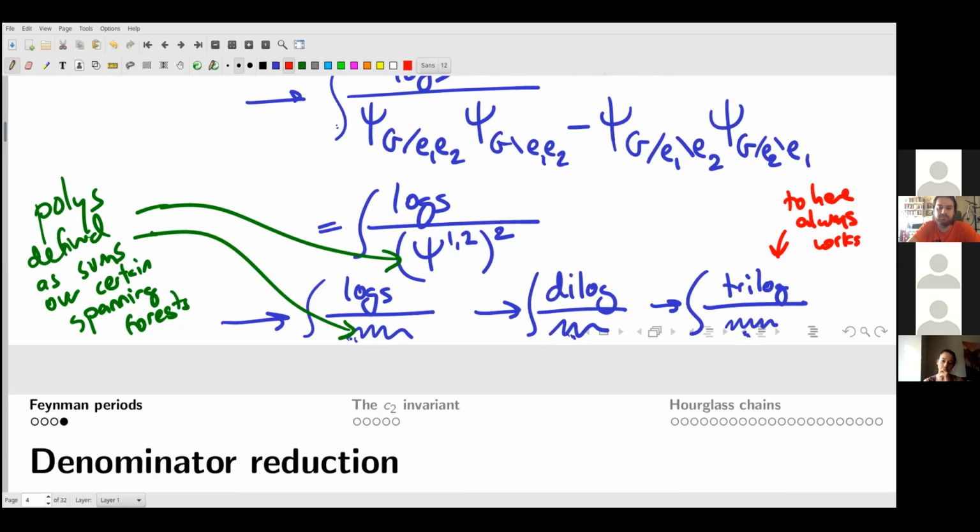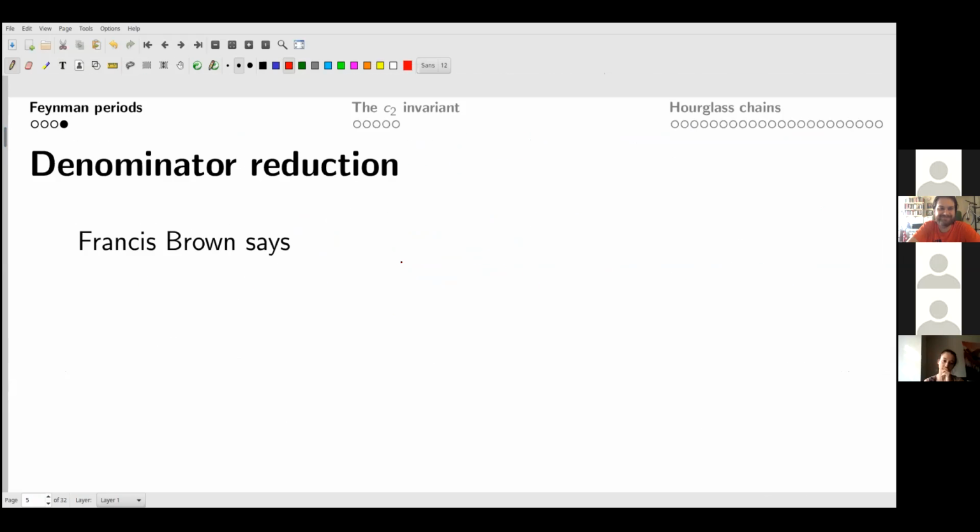But after that, well, it doesn't always work. And so that's where we need to understand what the general picture is. So after the first 5, let's let dn be the denominator after the nth step.